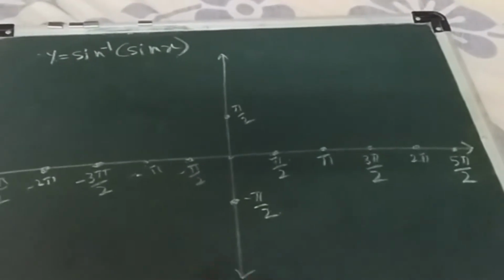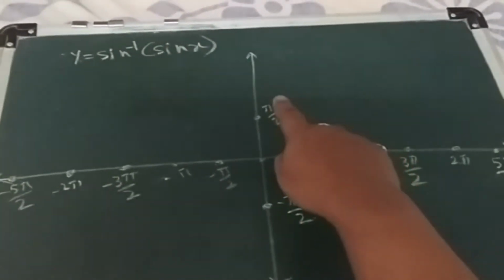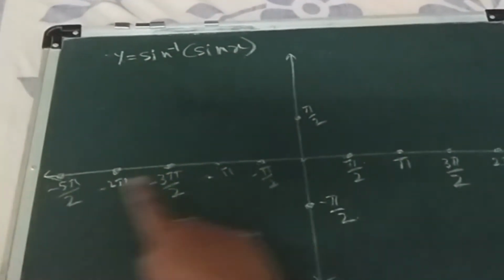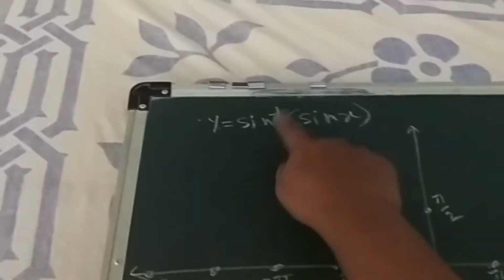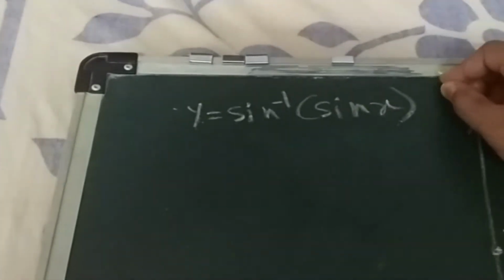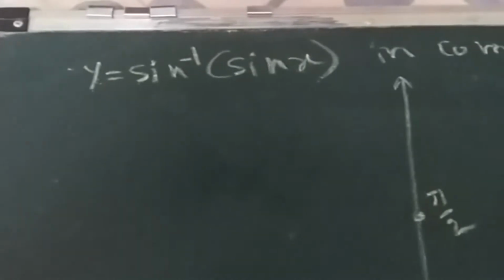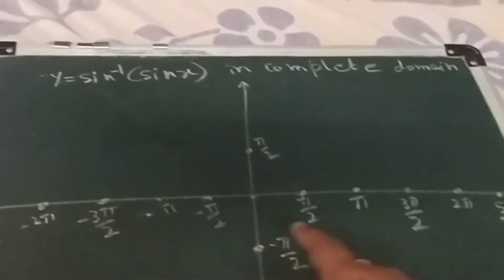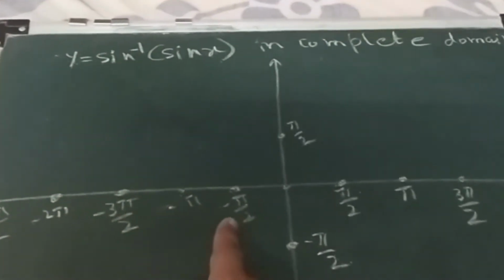Again you see, along the y axis I have taken minus pi by 2 to plus pi by 2, because that is the range of sine inverse, and for the domain I have taken the real numbers. Actually I want to draw this graph for the complete domain, the full domain, not the principal domain only. If I were drawing in the principal domain, then all of you know the principal domain of sine inverse is this one, from here to here.